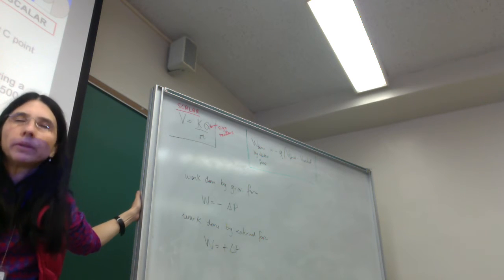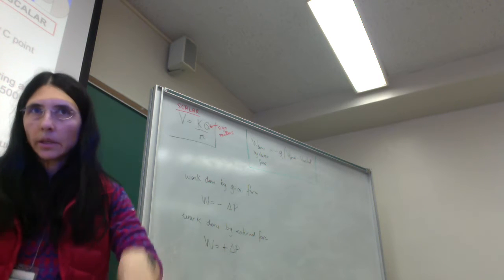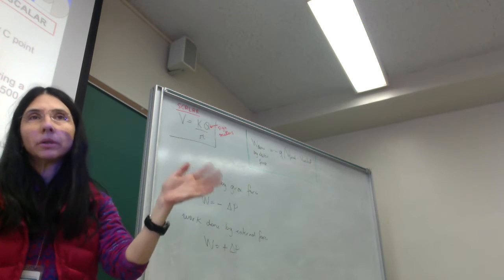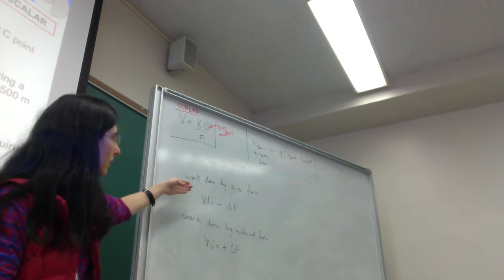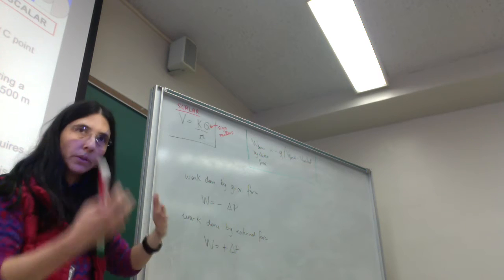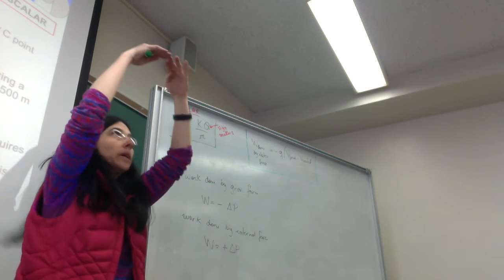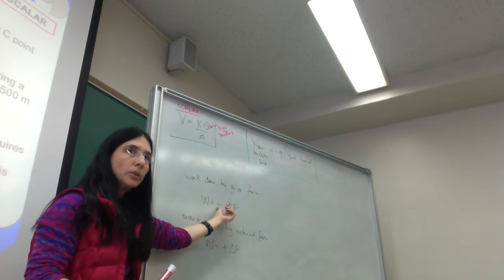Then you can go with a bigger speed initially, but still the cause of your fall is the gravitational force. If there was no gravitational force, it wouldn't fall. But what I'm saying is, when the gravitational force is the cause of the work, then we are going from high potential to low, and then I have to put this minus sign.